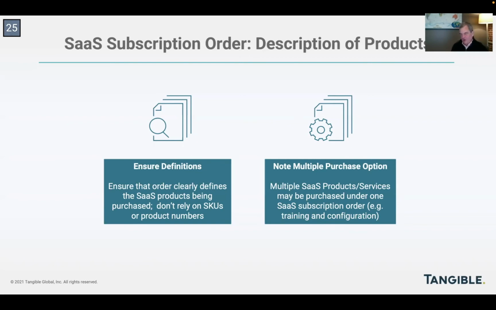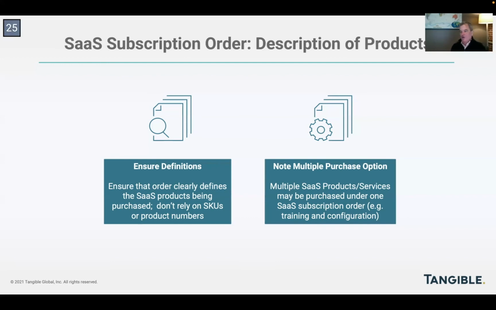As with software, a SaaS order often can include both the technology component, what does it cost me to actually access and use the technology provided by the vendor, as well as bolt-on service commitments by the provider.